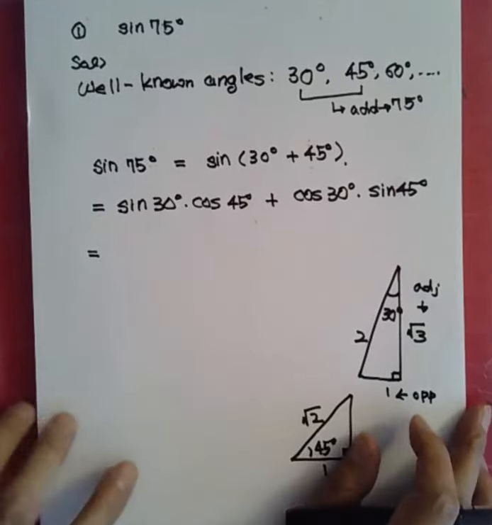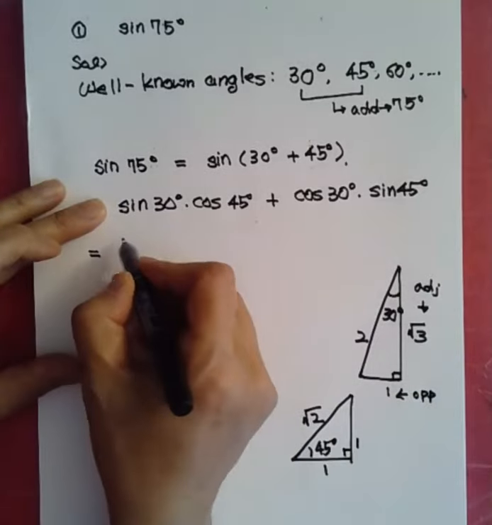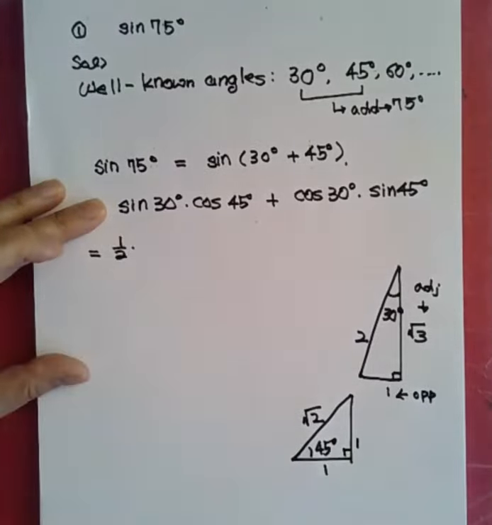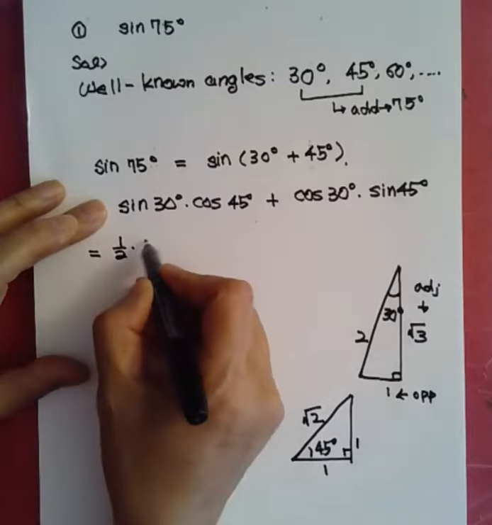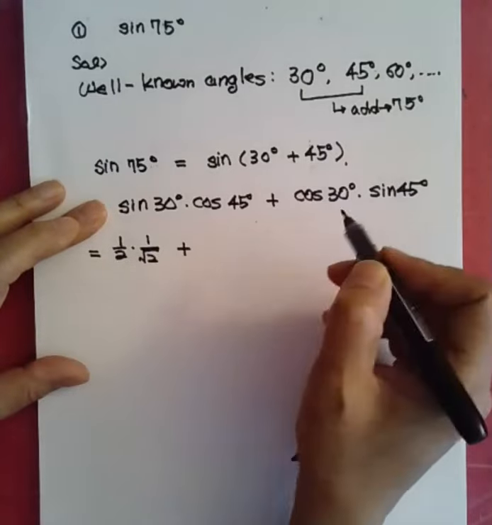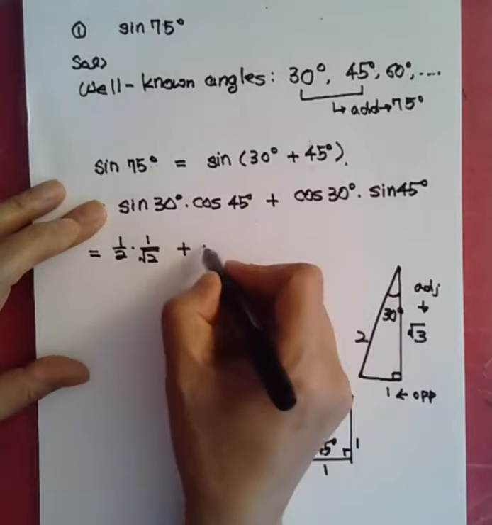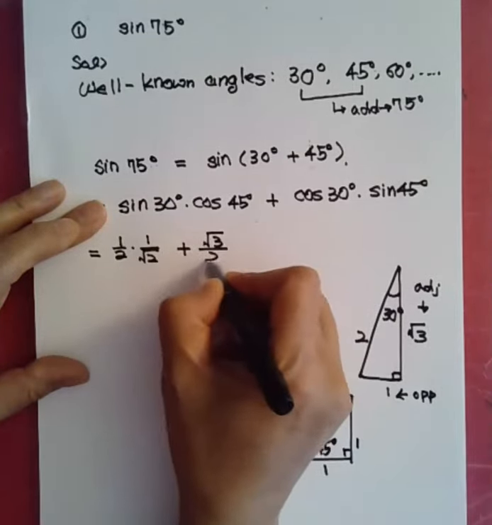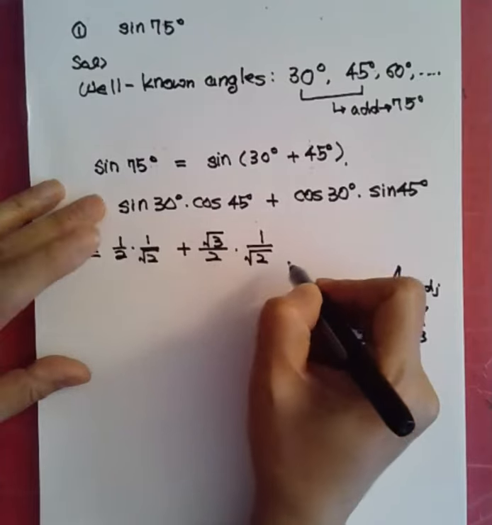Let's do substitution. Sine of 30 degrees, opposite is 1, so 1 over 2, times cosine of 45 degrees, which is 1 over square root of 2, plus cosine of 30 degrees, adjacent is square root of 3, so square root of 3 over 2, times sine of 45 degrees, which is 1 over square root of 2.